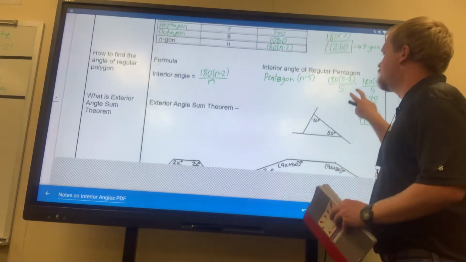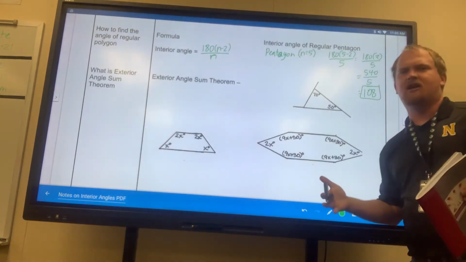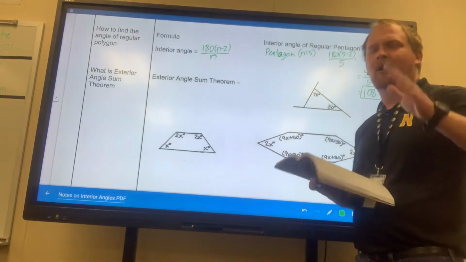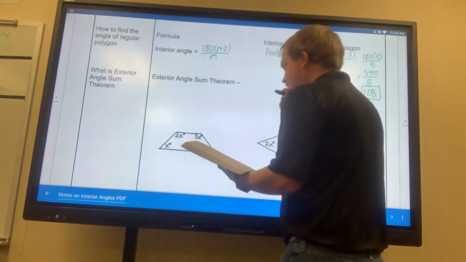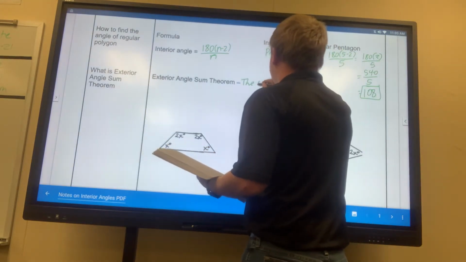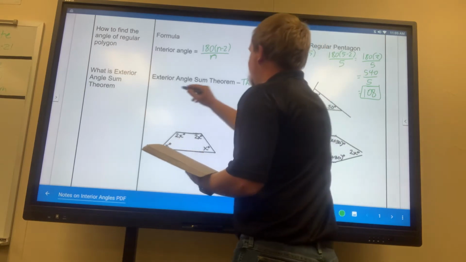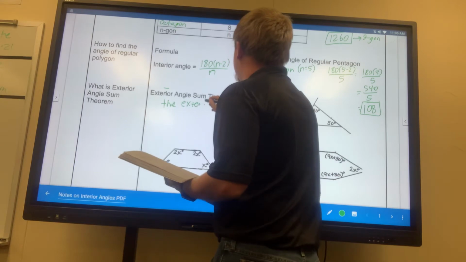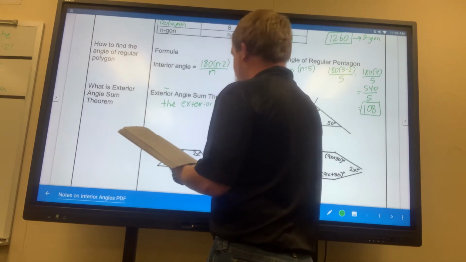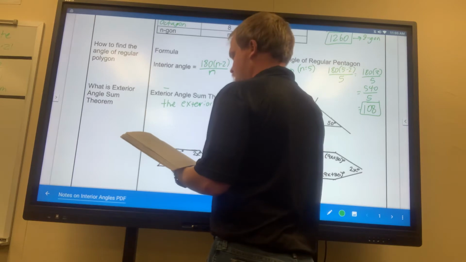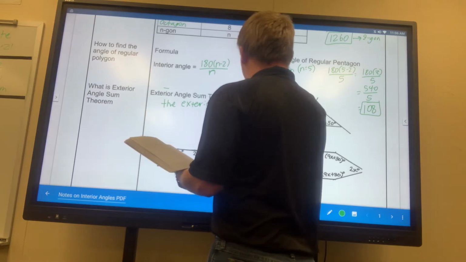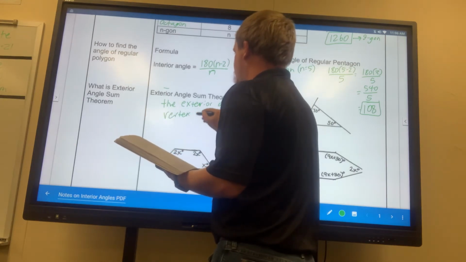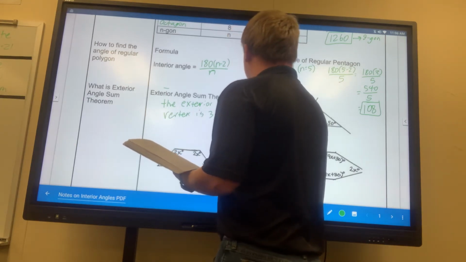Now, another interesting fact is exterior angles. And this is interesting because no matter what polygon you have, no matter what, the sum of the exterior angles from each vertex is 360 degrees.